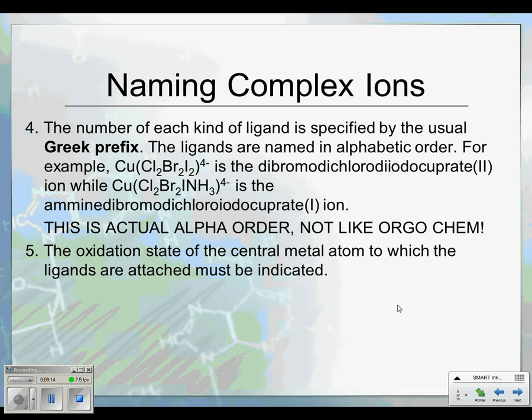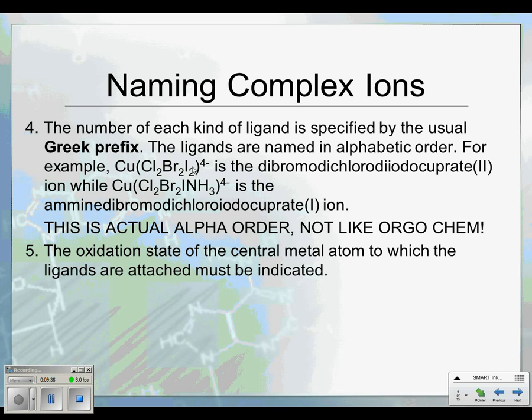Also naming, you have to name how many of each attachment or ligand, and in alphabetical order. So you've got dibromo here in this example because you've got 2 bromines, dichloro with your chlorine, and you've got diiodo, because you have 2 iodines.